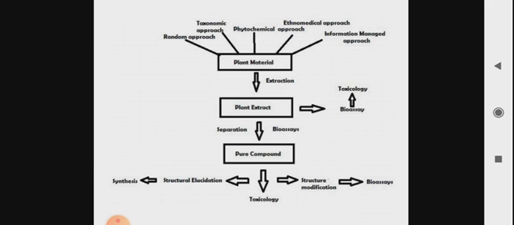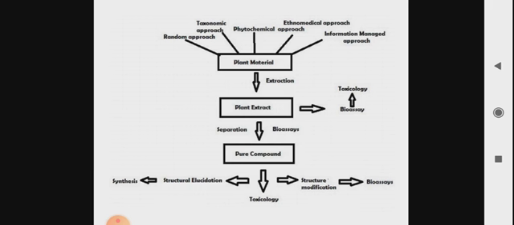Then go for extraction, after processing plant material, collecting from an authentic source, and authentication at Botanical Survey of India or any authorized center. Different solvents of different polarities are used for the extraction of plant material.